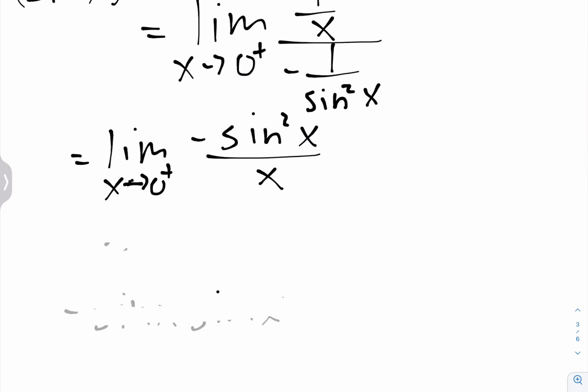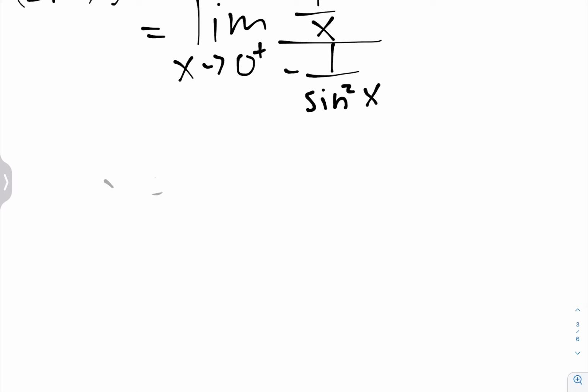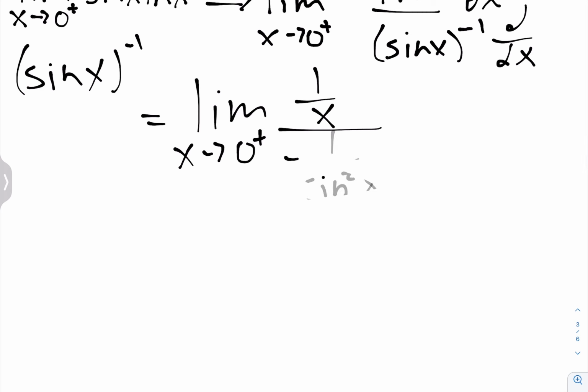Hold on. So when we differentiated sine x to the negative 1, it is going to be negative and then sine squared on the bottom, but we just have to multiply by the derivative of the inside. So it's going to be negative cos x over sine squared x.